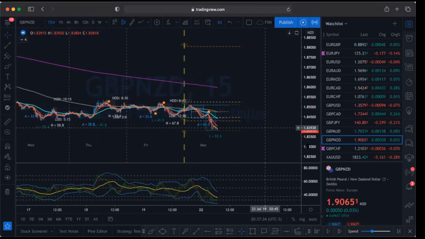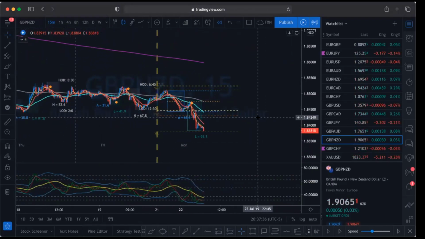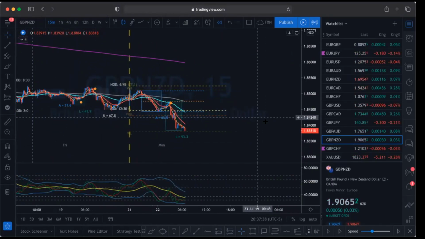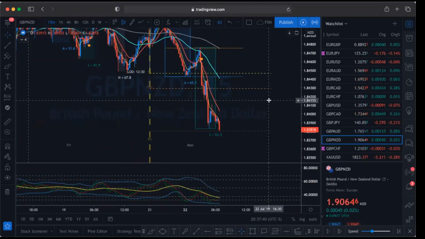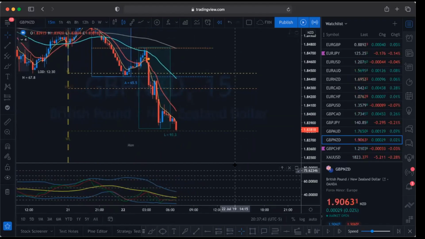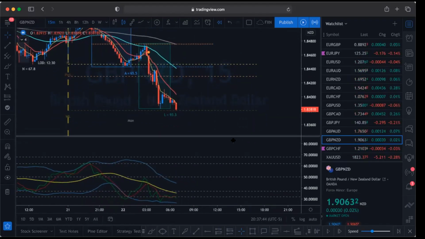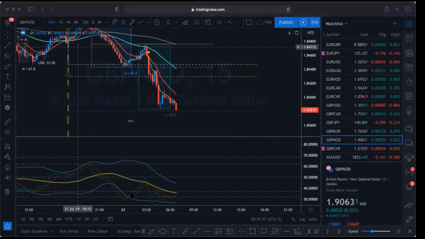Yeah, okay. So what would be the things that you're looking for to confirm a reversal for you? Well, right now, the biggest thing that we have, at least, is that we're trading at the very bottom of the TDI, which is good. Okay. So that's the first thing. So we're already overextended.